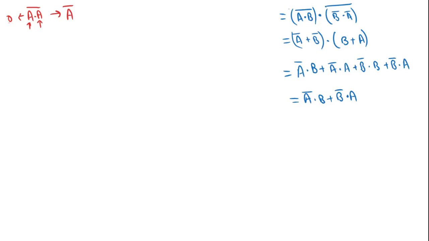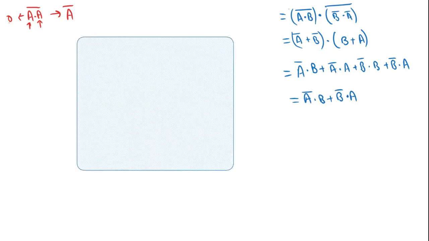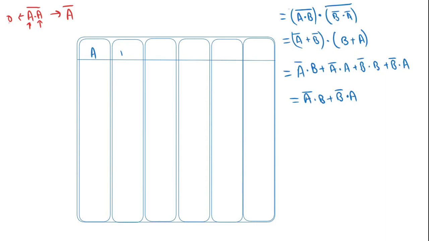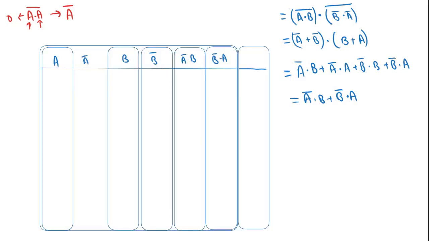So this is something we can make a truth table for. We will have A bar, B bar, A bar dot B, B bar dot A, and we need one more column for the final result, that is A bar dot B plus B bar dot A. So the values we can assign to A and B are 00, 01, 10, 11.